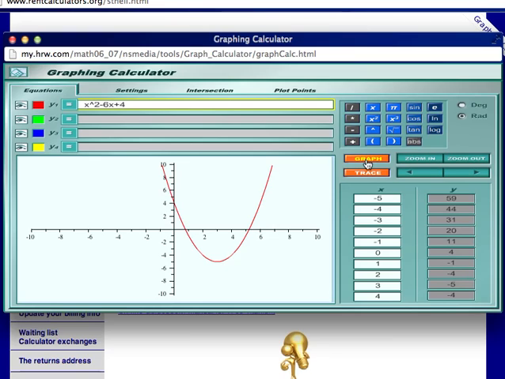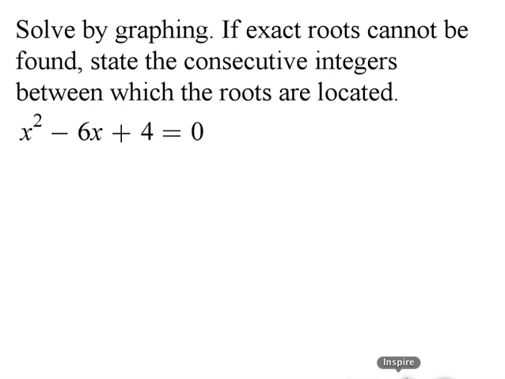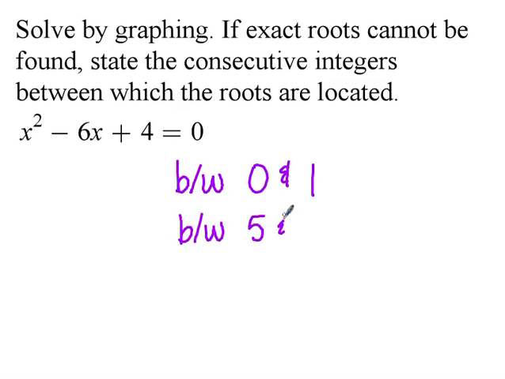So you just need to tell me between what two numbers it crosses. So what about this first one? It crosses between 0 and 1. What about the next one? 5 and 6. So that's all you're going to say. You're going to say between 0 and 1 and between 5 and 6.